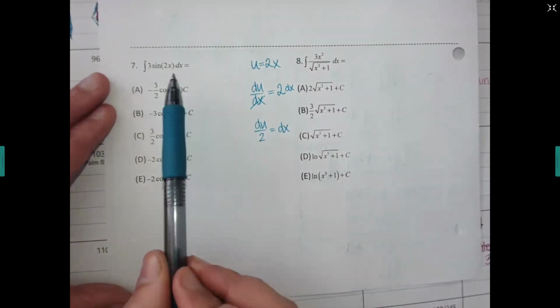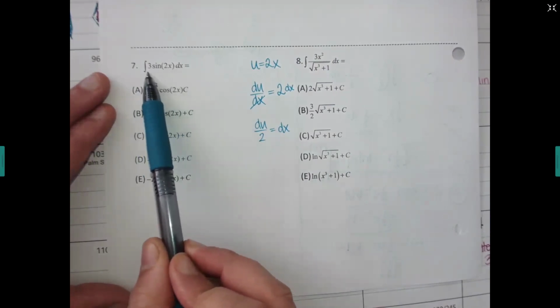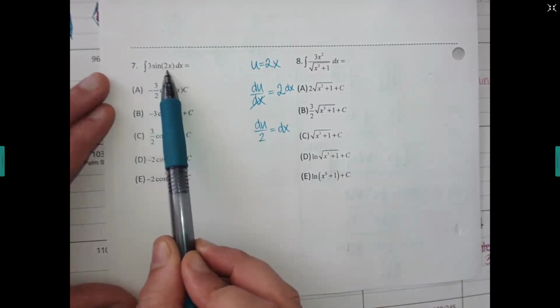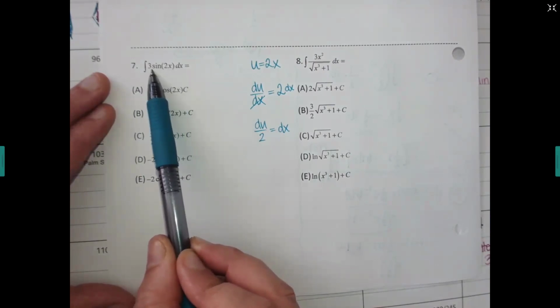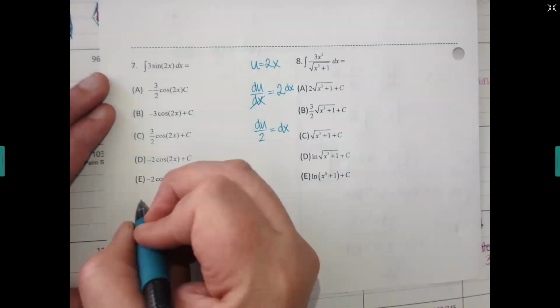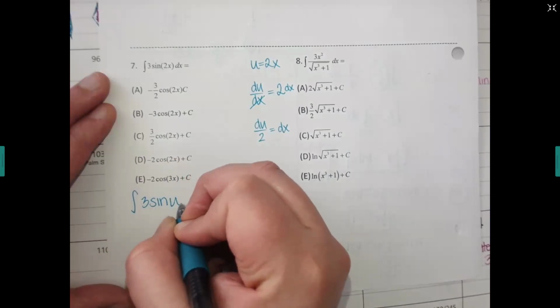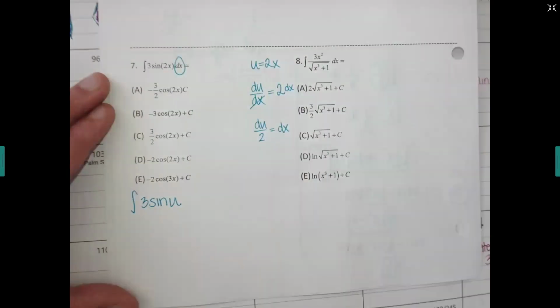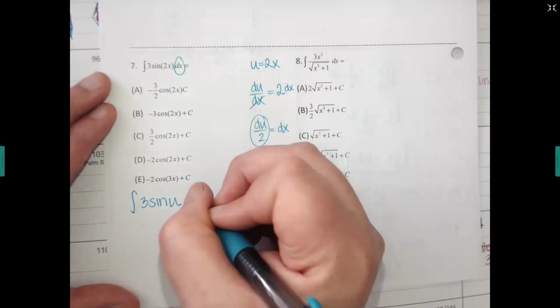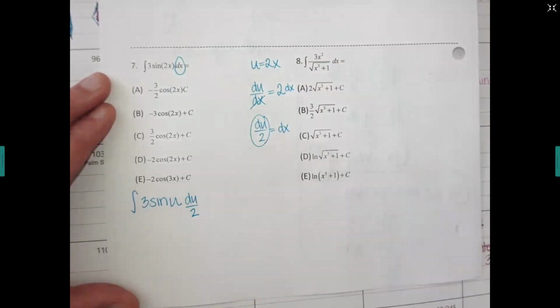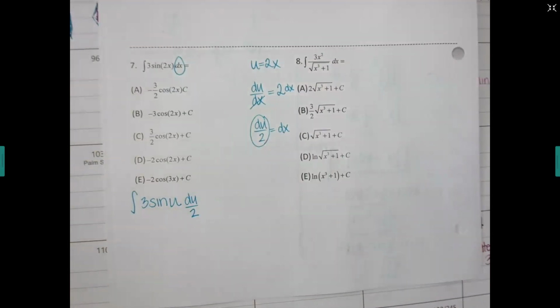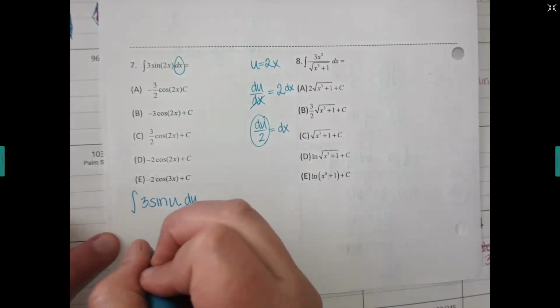And then remember, I want to come over here and rewrite it in terms of u. So my 3 sine 2x is now a 3 sine u. And then my dx gets replaced by what? Du over 2. And then remember, these numerical pieces, you can go ahead and divide those. Now, 3 won't divide evenly by 2, but I can just leave it as a 3/2.